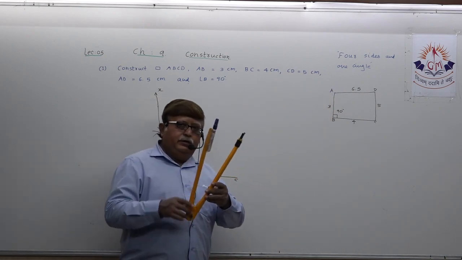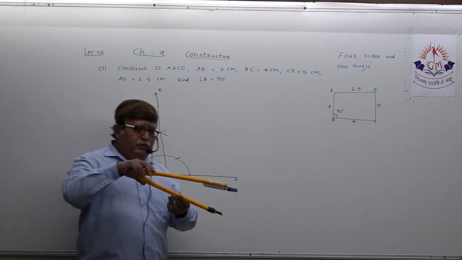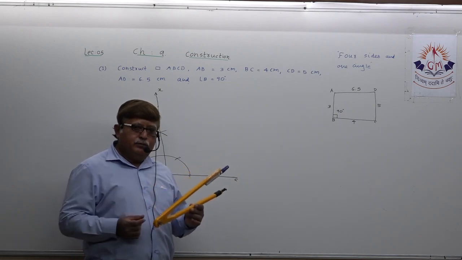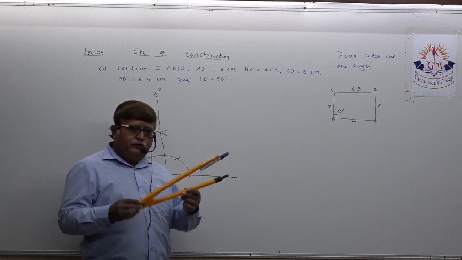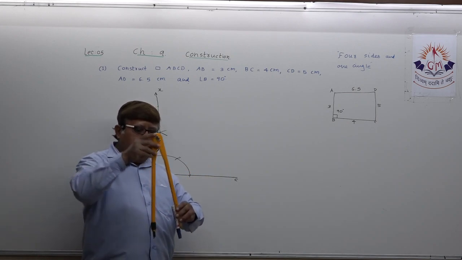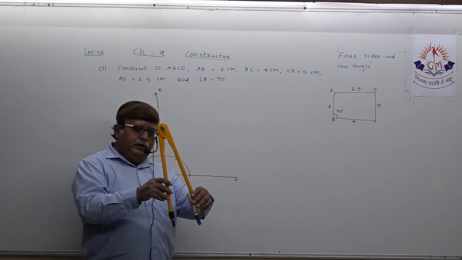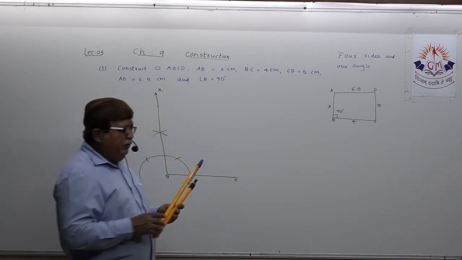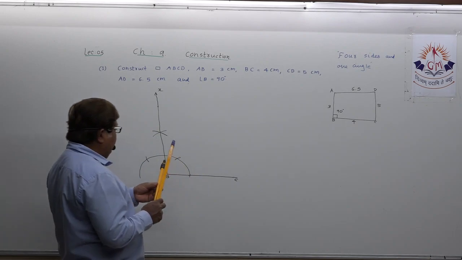So with the pair of compass on ruler, you take radius of 3 centimeter. At home you do the same thing. Pair of compass and on your ruler take radius of 3 centimeter.